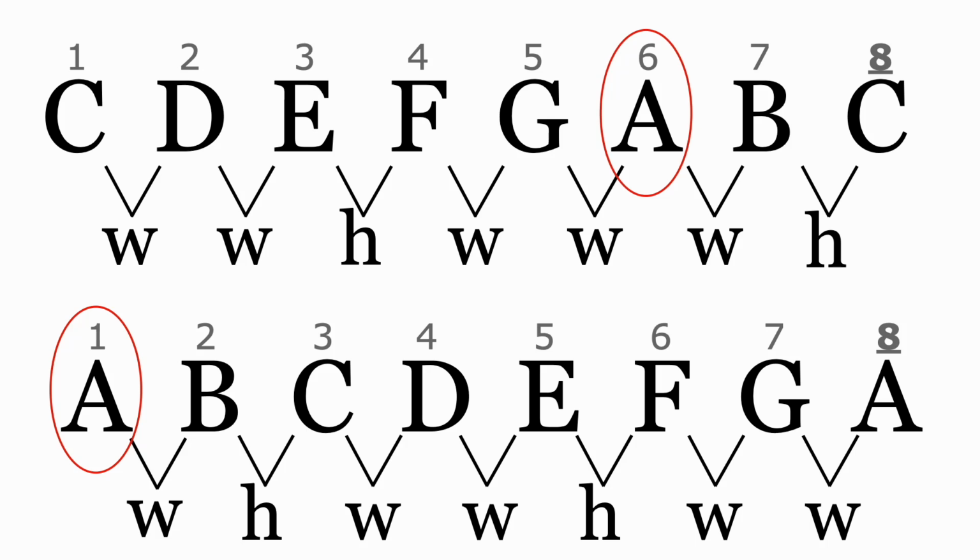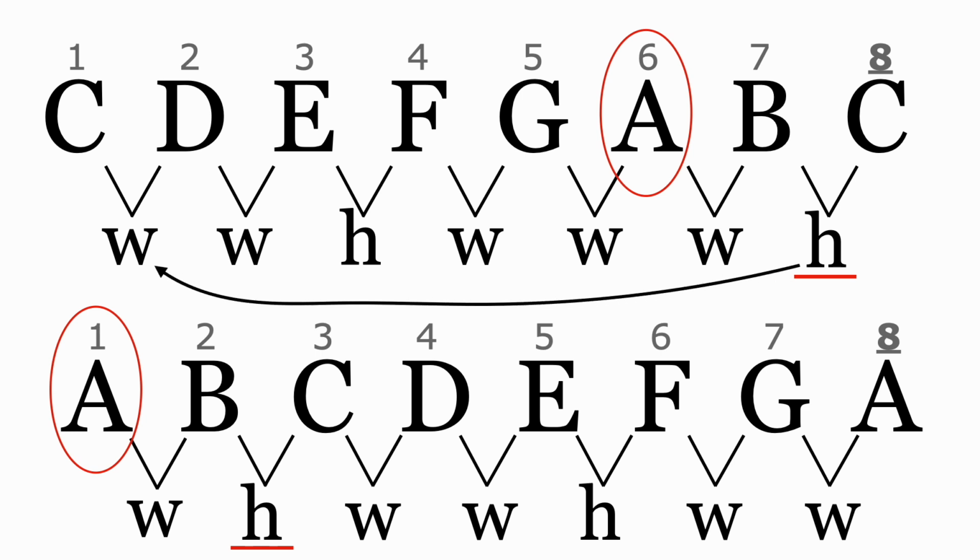But what I want to pay attention to here really is what happens after A, right? When we move from A to B, we've moved a whole step, and it's the same thing from A to B in the minor, and that's followed by a half step. So too in the minor, it's followed by the half step.